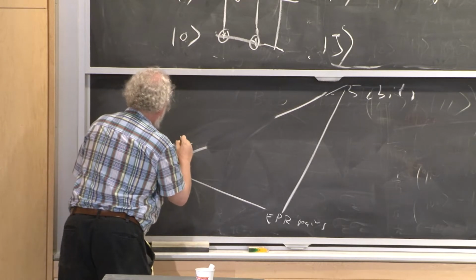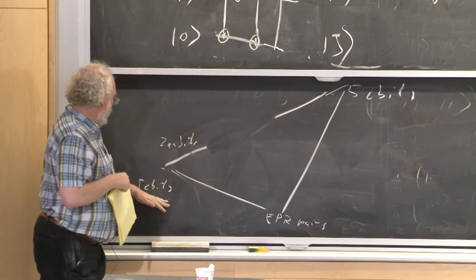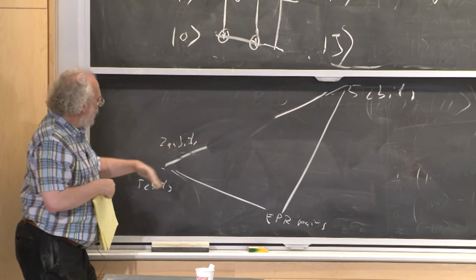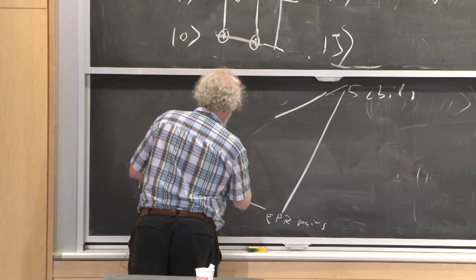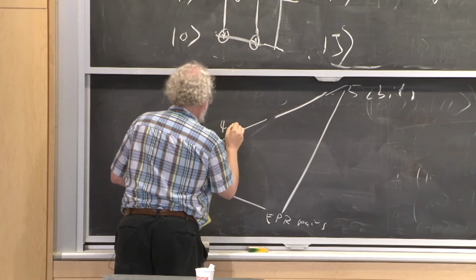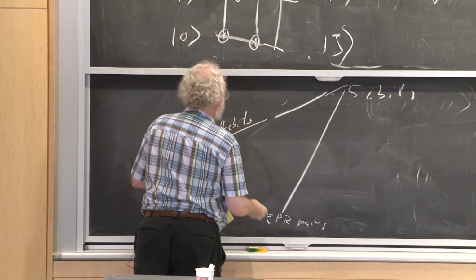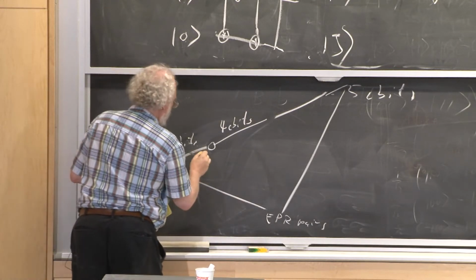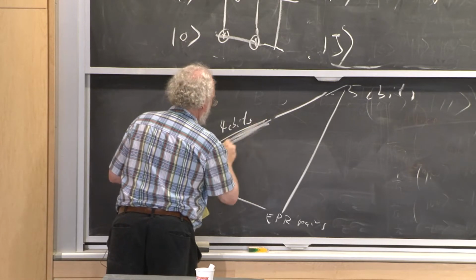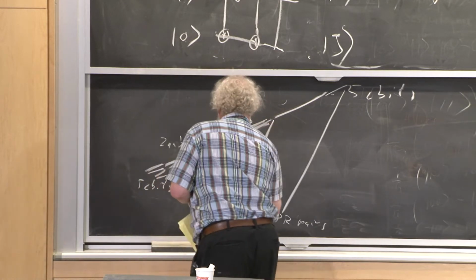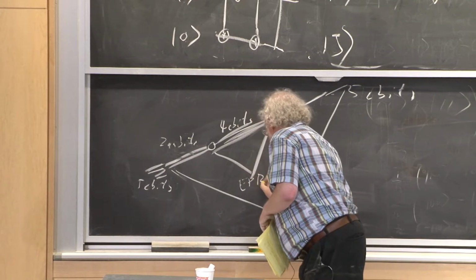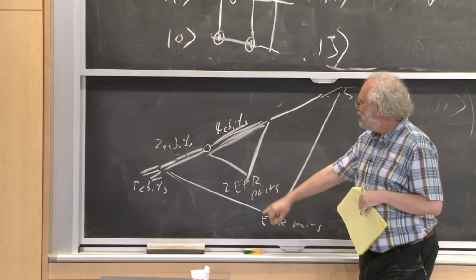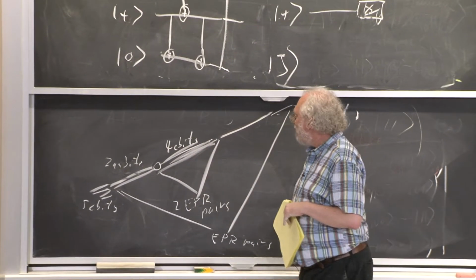So Alice turns the 5 classical bits into 2 qubits, but instead of sending these 2 qubits to Bob, she takes them and turns them into 4 classical bits, again using more EPR pairs. In this case, this is just standard teleportation, so it's 2 EPR pairs.